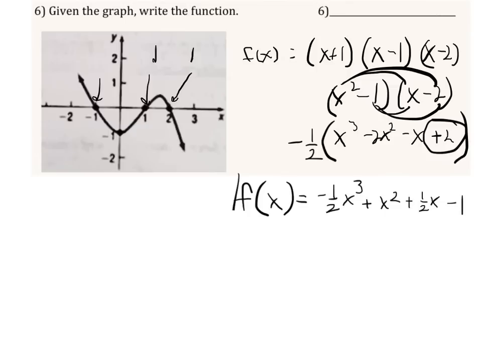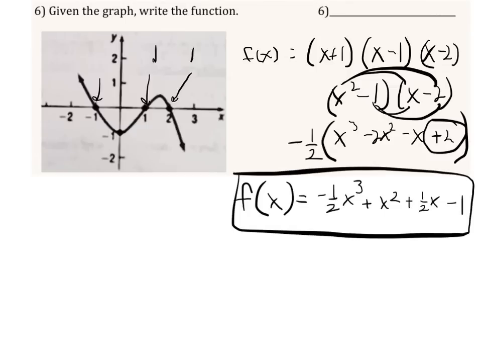And there you go. You have your function. Now you know that you're looking good because negative 1 means your y-intercept, and a negative coefficient for an x cubed should look like that, which it does.